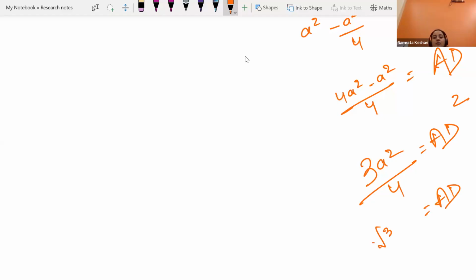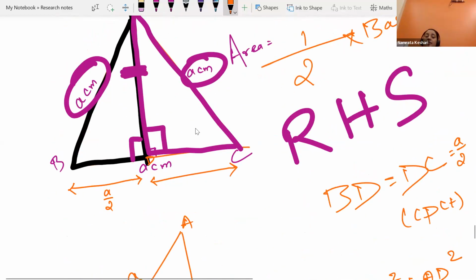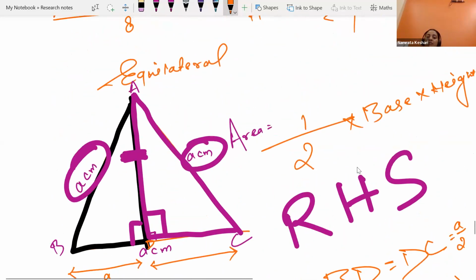So we are getting root 3 because I wanted to discuss this part with you. Yes, Irshad. That 1 by 2 into base into height, this formula is applicable always. But we just need to know the height. Sometimes it is possible to find the height, however the steps are very huge. You can see congruency and all came.